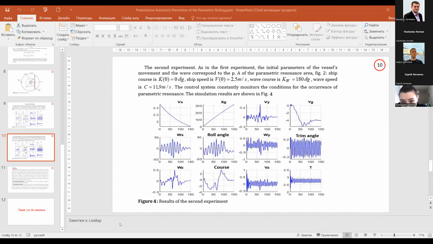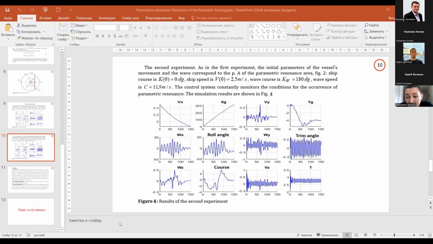As can be seen from the given result, starting from time 0 seconds, the control system reduces the speed of movement. This is explained by the fact that the initial position of phase point A is in the area of parametric resonance. To avoid its development, the control system automatically calculated the safe speed and course, which are 20.1 meters per second and a course of 0 degrees, and began to reduce the speed to the calculated safe value.